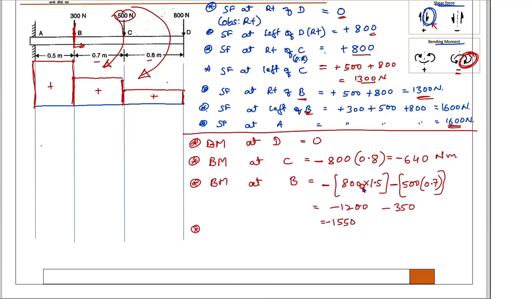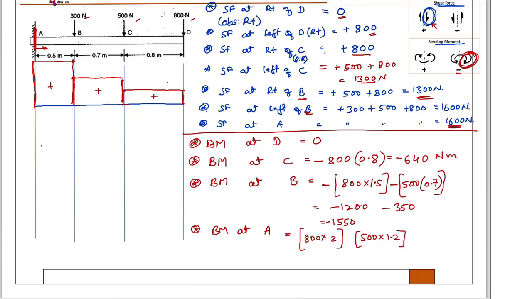Now coming to bending moment at point A. We'll remove all these. At point A I have to take a section. This is my section. Then observe the right side, these three forces are causing moment. The first force, 800, is causing moment with the distance of 2 meter. Then another force, 500 Newton, is causing moment with the distance 0.7 plus 0.5, which is 1.2 meter.